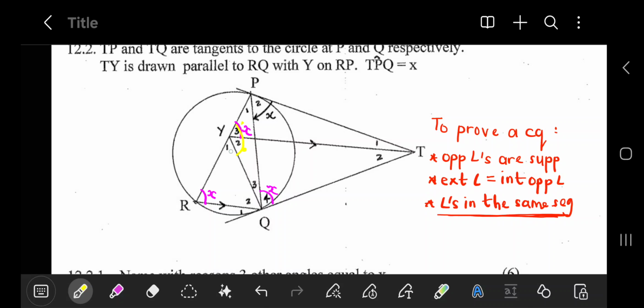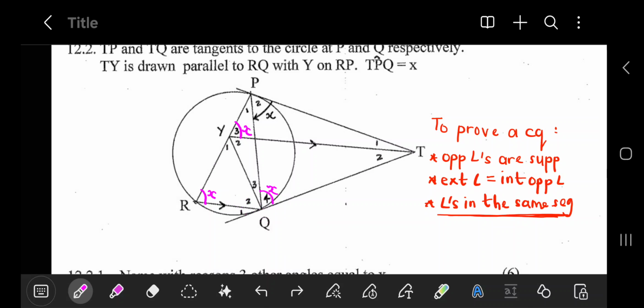If we show that they're equal to each other, then obviously, yes, YT has bisected that angle. So our aim is to show that Y2 is also x. Now, this is quite easy to do because you have already proven that TPYQ is a cyclic quad. And when you have a cyclic quad, you can use angles in the same segment.